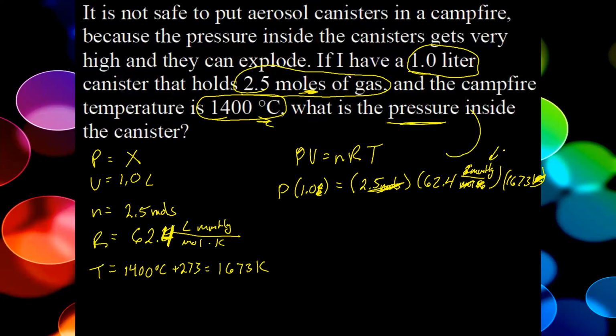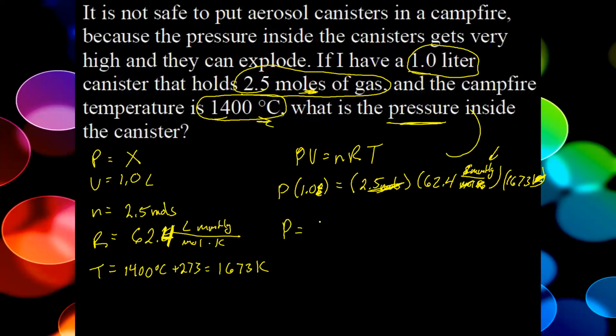Millimeters of mercury. So what's my pressure's label going to end up being? Millimeters of mercury. If I had used 0.0821 liter atmosphere per mole per K, atmospheres would be what's left, and then I'd be measuring it in atmospheres. That's how those labels work. That's why we have the 3 different numbers on the front.